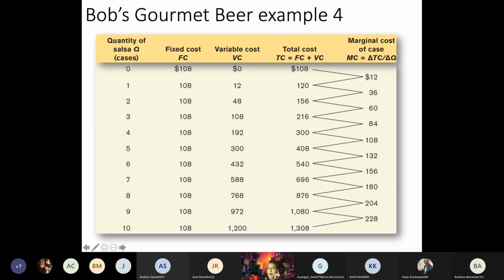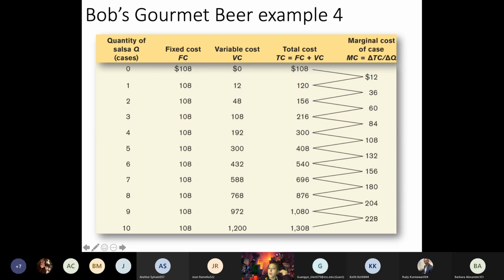So if he makes one case, which could be a large case, case of 12 or something, then the supplies will cost him $12. Then if he makes 2 cases, so 24 bottles per unit, then it'll cost him $48 to get all his supplies. 3 cases, 108. So we're working with these numbers.